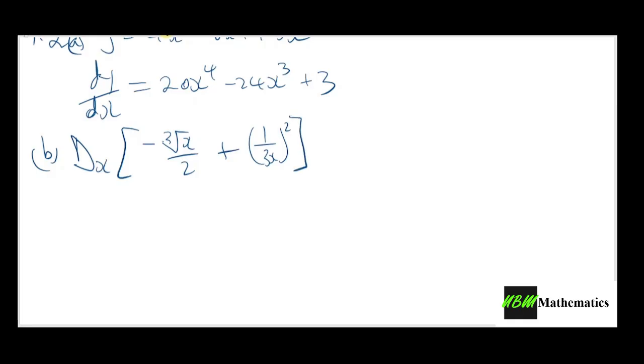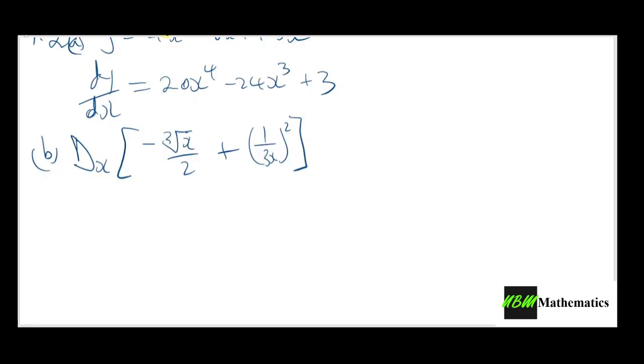Now the question is, the expression inside the square bracket, we are having what? Two terms. Term number 1, term number 2. Are those two terms ready to be differentiated? They are not. Term number 1 is not in power form, also term number 2. Therefore, we need to simplify each of those terms so that they are in power form.